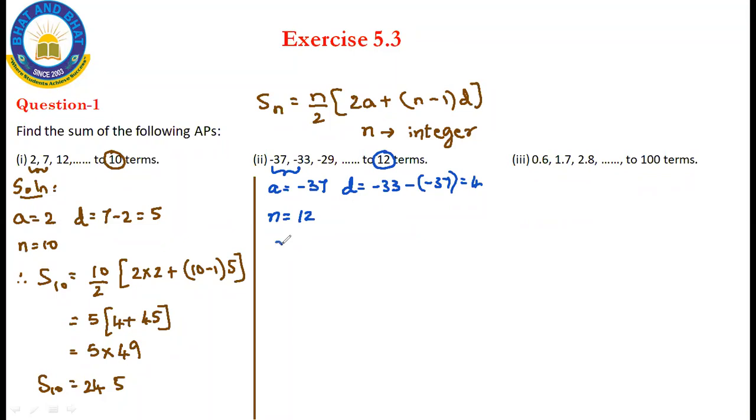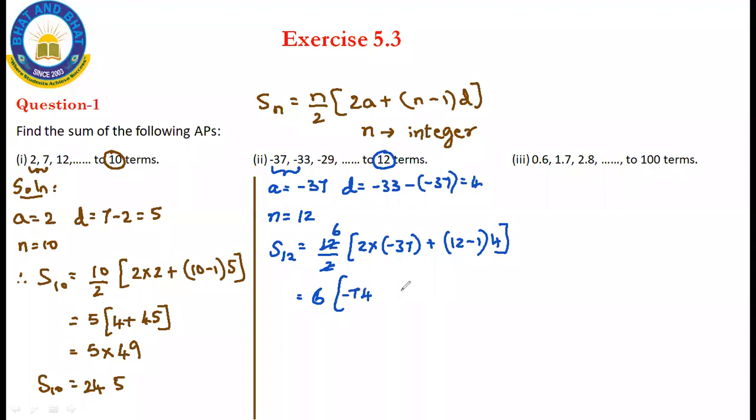So can anybody find out the answer to this and let me know? 12 by 2, 2 into minus 37 plus 12 minus 1 into D. So 12 divided by 2 is 6. 2 into minus 37 is minus 74. 12 minus 1 is 11. 11 4s are 44.